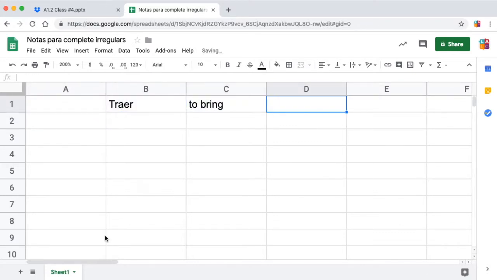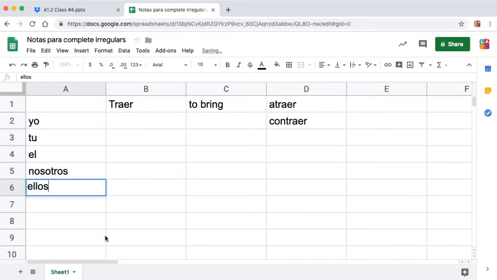The other ones, I don't like very much for your level, because they mean to attract, atraer, or contraer, contract. So you're not going to use them that much right now. But what I want to show you is that everything that ends in aer, you change it to J, okay?